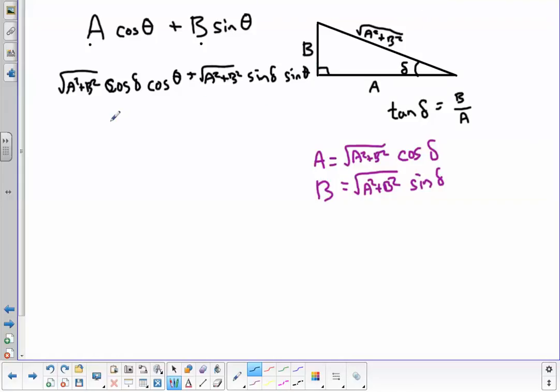Now they both have this square root of a squared plus b squared in common. I can factor that out. And what's left is a cosine times a cosine, two different things inside, plus a sine times a sine, the same two different things inside.